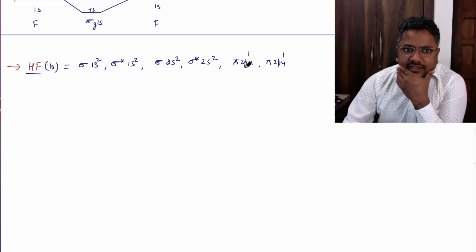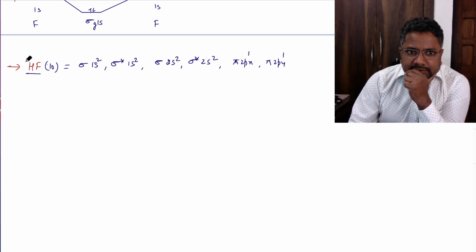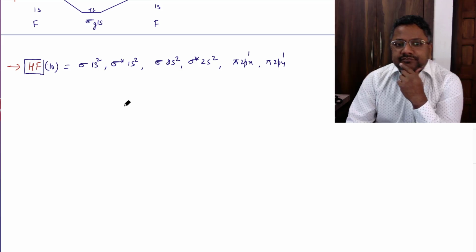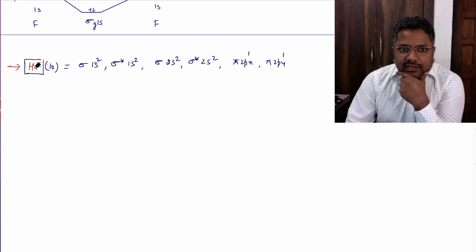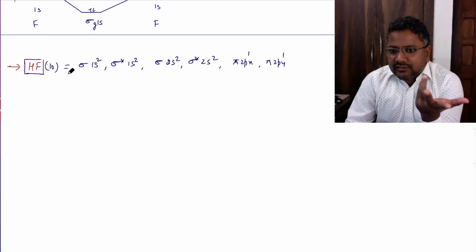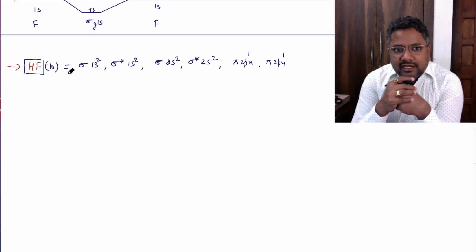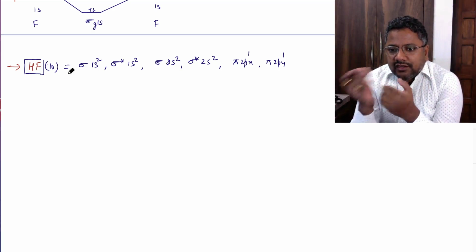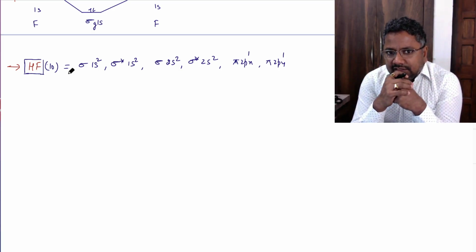So if you see the formation of this molecule, are you convinced with this electronic configuration? The 1s of this fluorine and 1s of hydrogen, hydrogen has only one s. So 1s of this hydrogen will overlap with 1s of this fluorine.